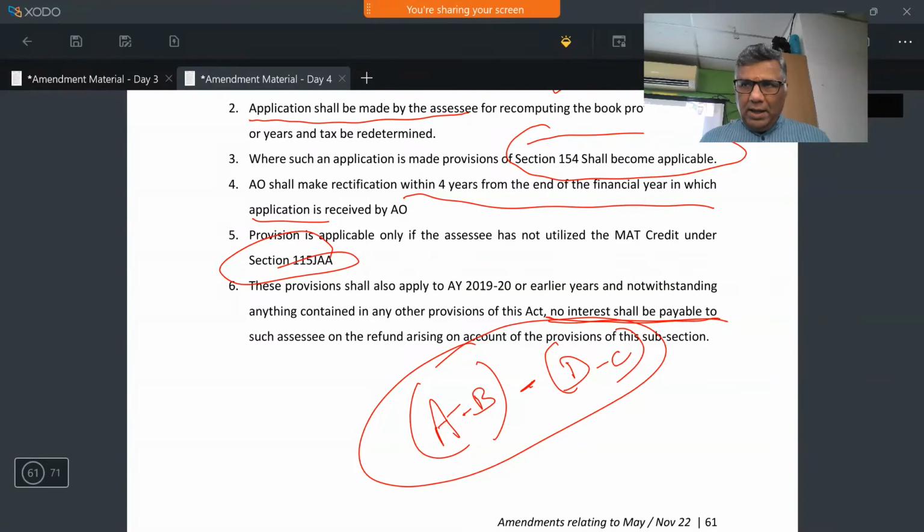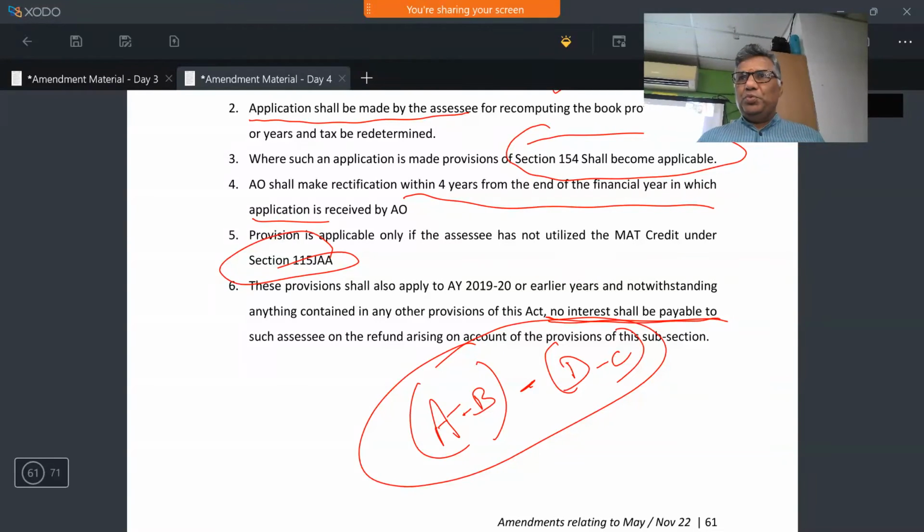B, MAT without including the past adjustment. C, MAT of the past year to which the adjustment pertains.